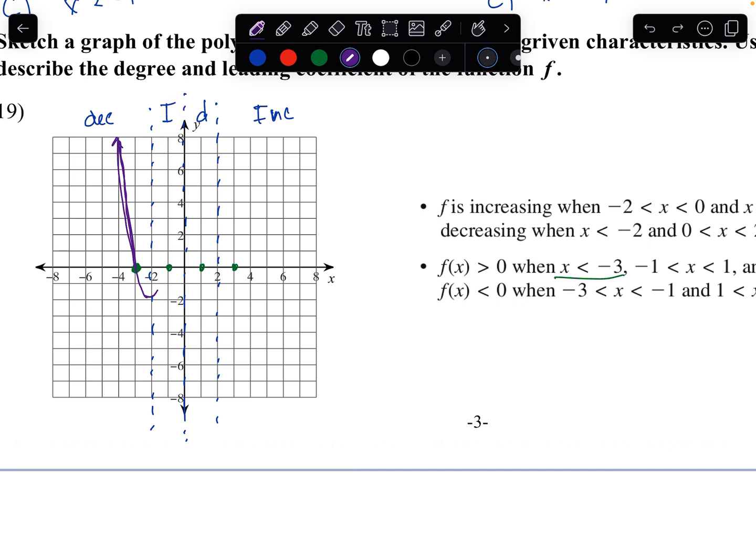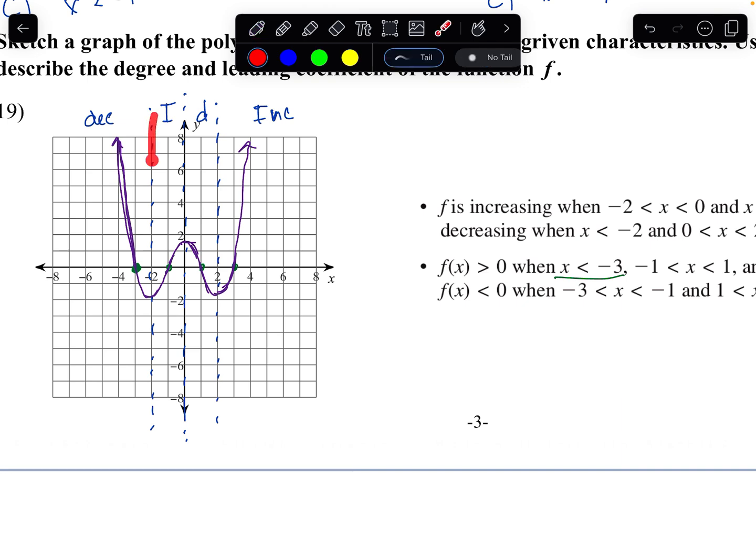And we have to start going up, and we also have to hit this axis right here to go positive again, and then up until this line, and then we have to turn around, and we have to decrease here, and we're going to decrease and cross the x-axis here, and then we have to turn around again right there and hit the x-axis there and increase. So that's how I like to do those ones.